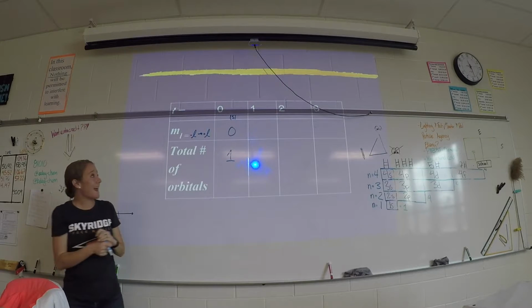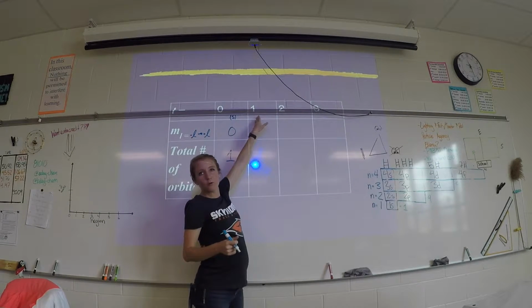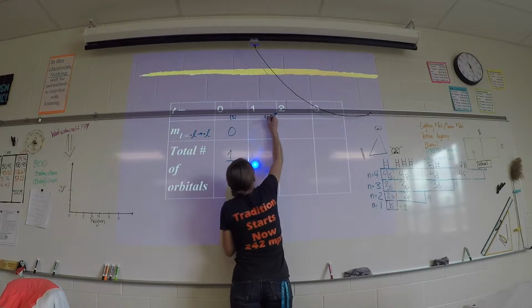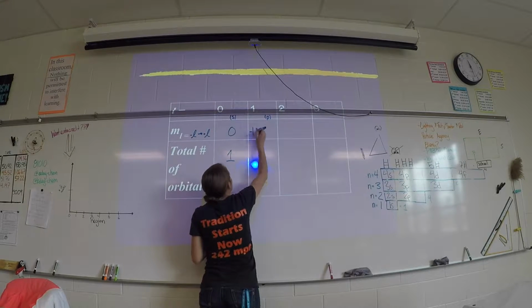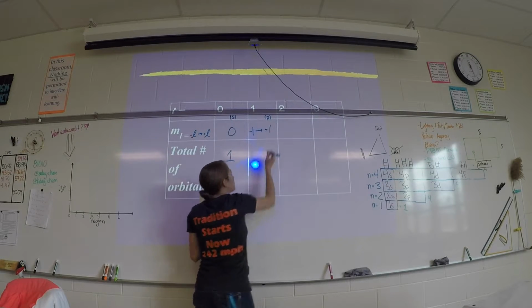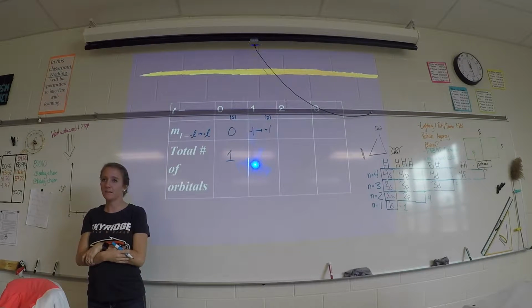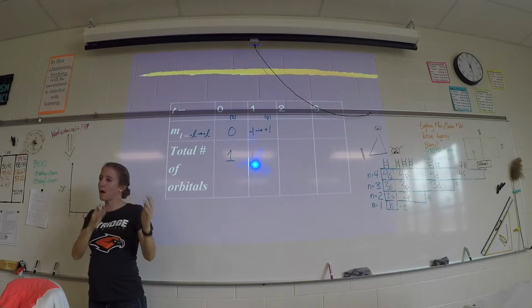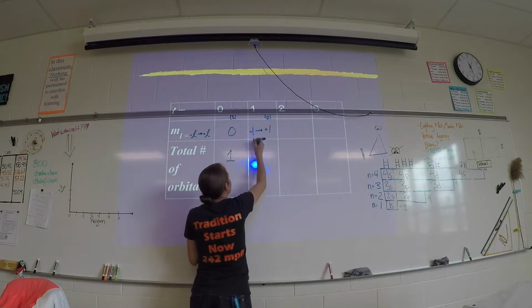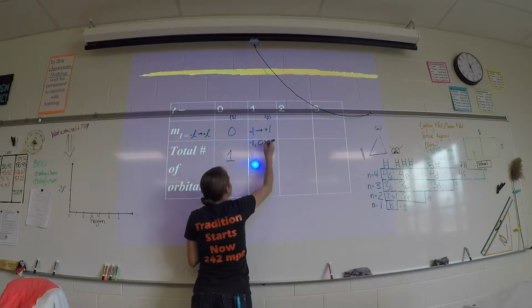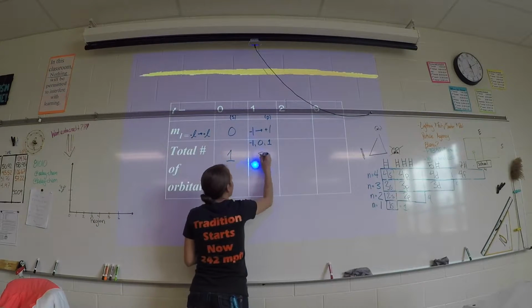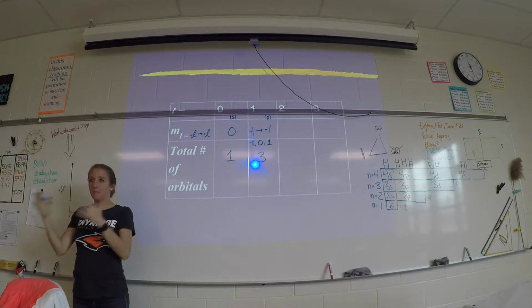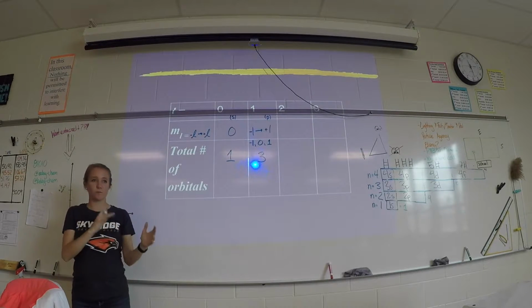When L equals 1, what room am I in? P. So I'm in a P room now. So now our values will range from -1 to +1. So if you write out all the numbers in that range, that gives us -1, 0, and 1, which is why you have 3 bunk beds in the P room, or 3 orbitals.